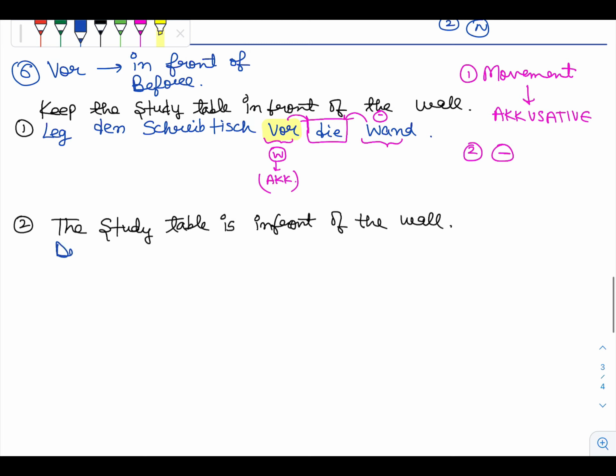So there Schreibtisch. Now our verb is ist and our preposition is vor, there Wand. The study table is in front of the wall.